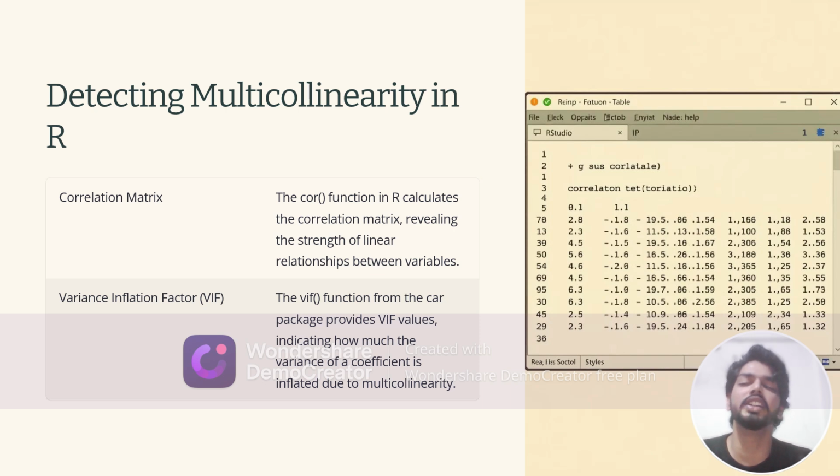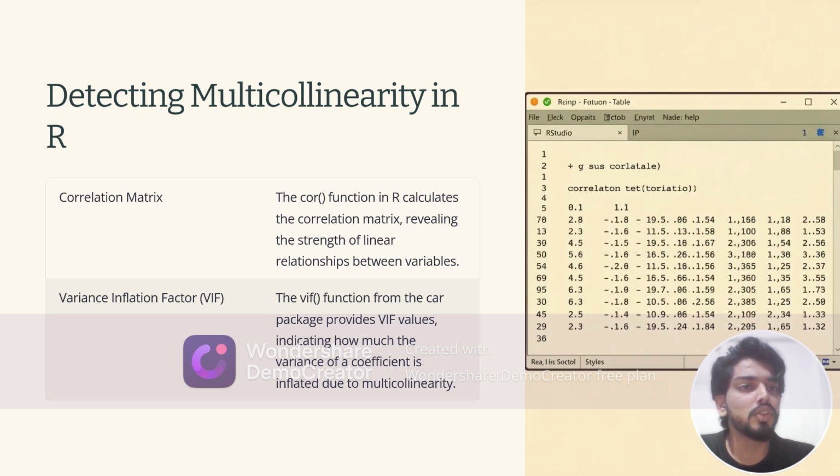Detecting multicollinearity in R. So, how to detect multicollinearity in R? This is a basic process. Correlation matrix: the cor function in R calculates the correlation matrix, revealing the strength of the linear relationship between two variables.